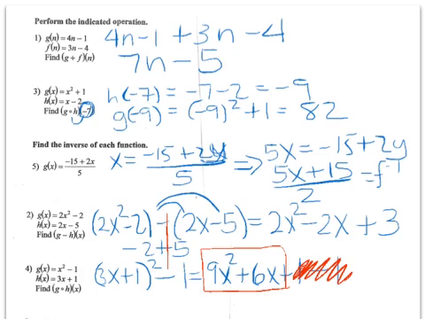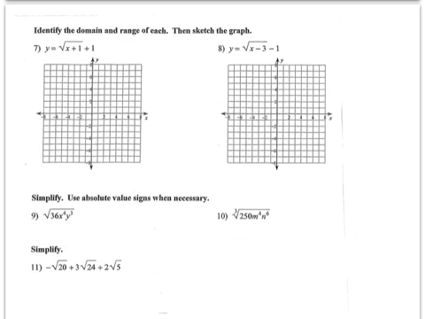Okay? So let's go on to the next one. So then we have here 7. So we're doing the domain and the range deal. So remember how we talked about you look underneath the radical. Notice that it would be a -1. So we know that in terms of the domain, my x's have to be greater than or equal to -1 because you can't have anything less than 0 under the radical.